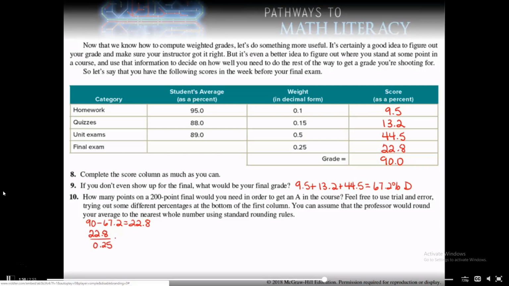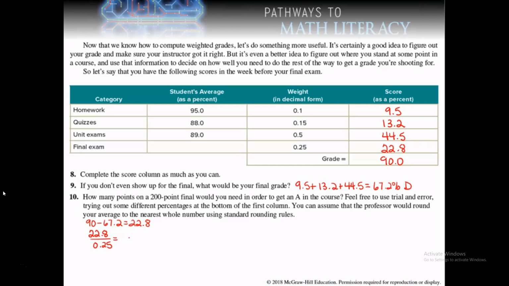Let's try it with 91 because they do say that you can assume the professor would round if it came close with standard rounding rules. So let's try a 91. If I put a 91% in for the final exam and I multiply by 0.25, does it round to 22.8? And it does. It comes out to 22.75.